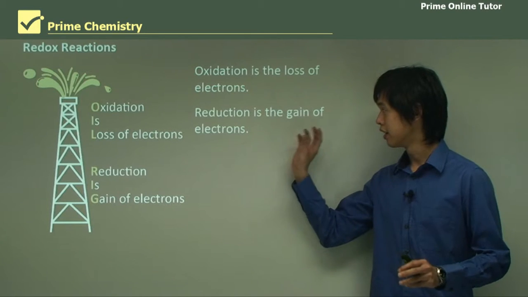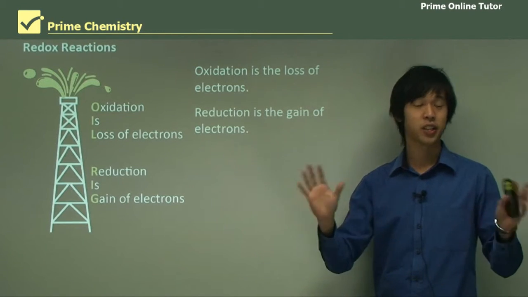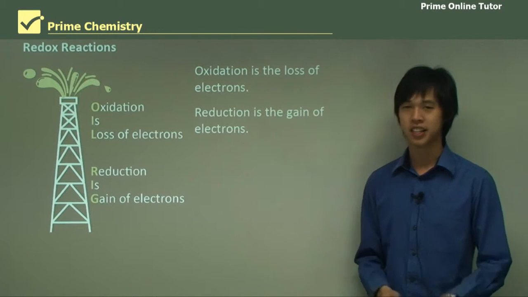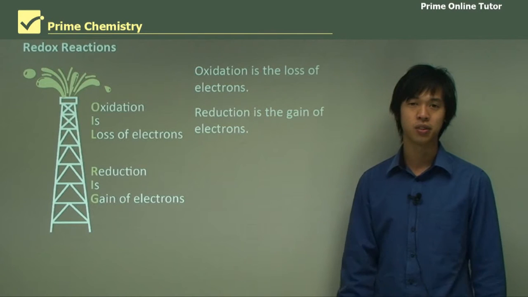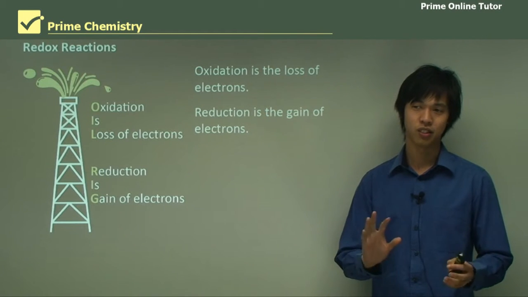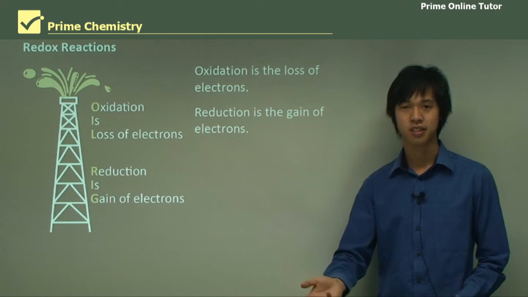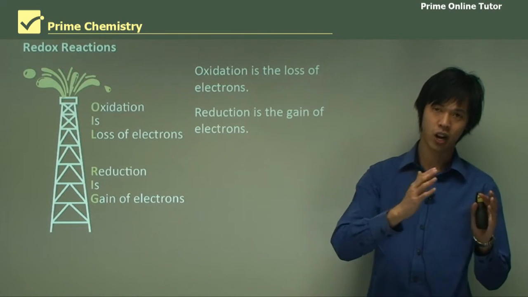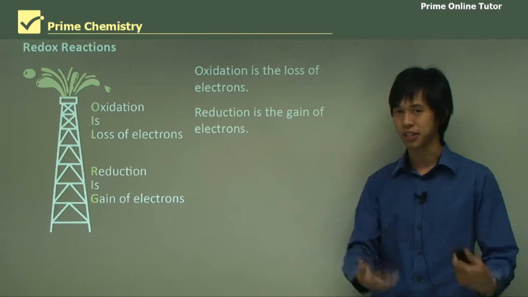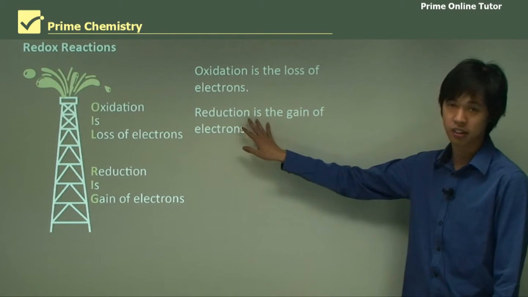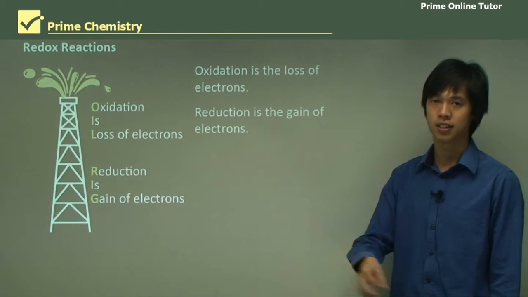Now, remembering that these words relate to the oxidation number, not actually the electrons, which is why reduction sounds counterintuitive, because reduction usually means you're getting less of something when you're actually gaining electrons. But the oxidation number is actually going down when reduction happens, so that's why we call it reduction. It sounds counterintuitive, but it's really not if you think about it in terms of the oxidation number.